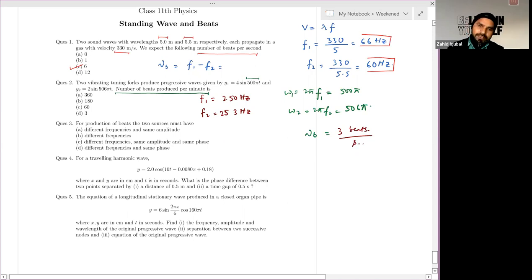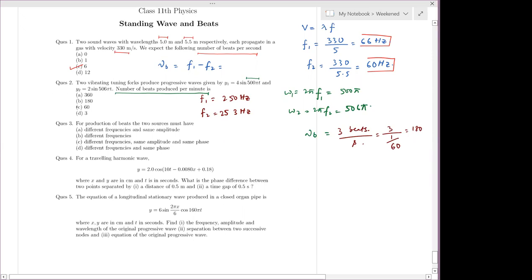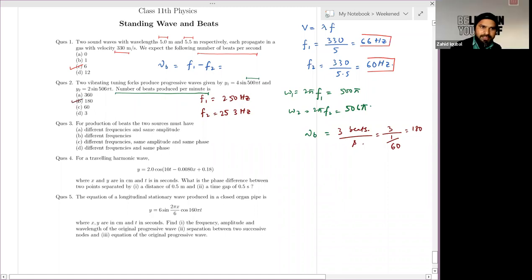We have to convert this particular part into per minute. So you may write 3 divided by 1 second is equals to 1 by 60 minute. So it will become 3 into 60, that is 180. Mamuna, is it clear? Yes, sir. So option B will be correct.